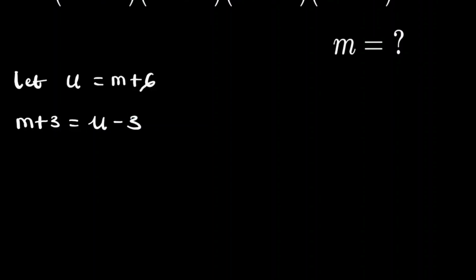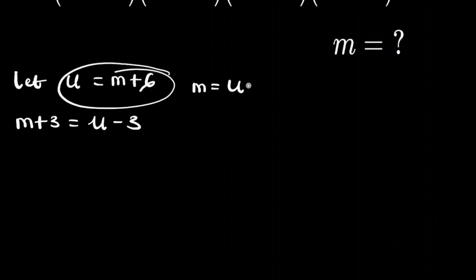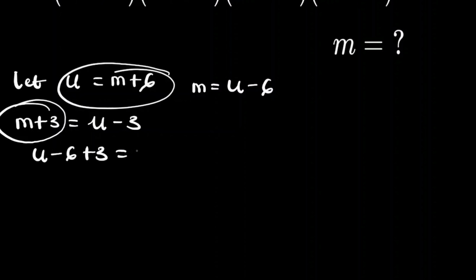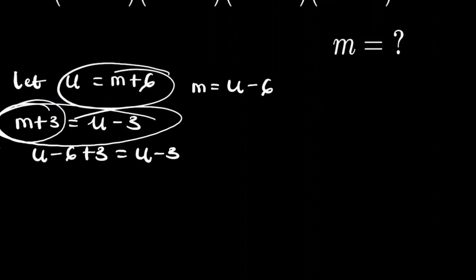Let me explain why. If u equals m+6, then m equals u minus 6. Substituting it here, it's u minus 6 plus 3, which is u minus 3. That's for the first bracket.